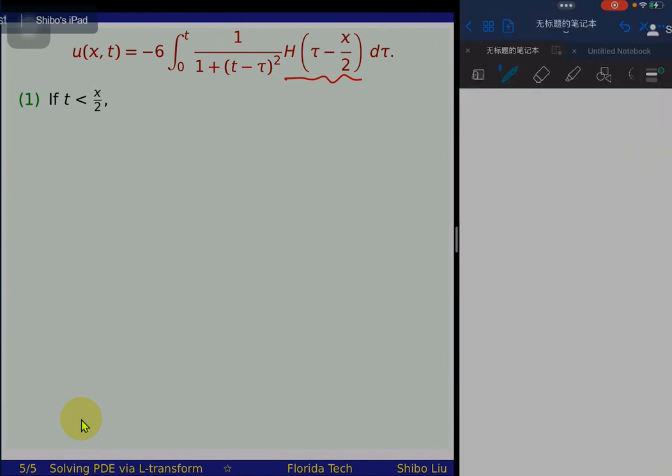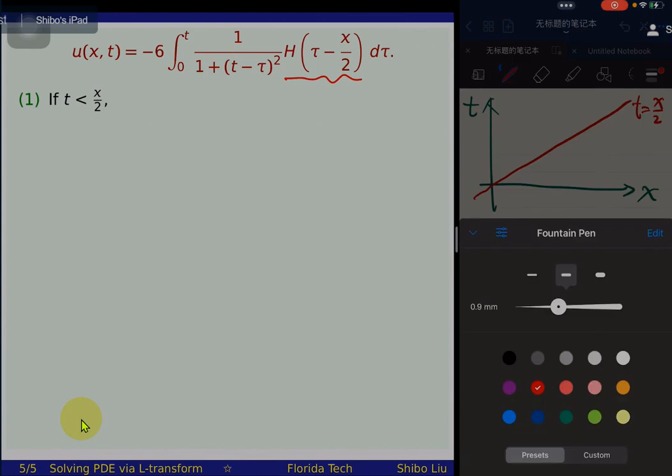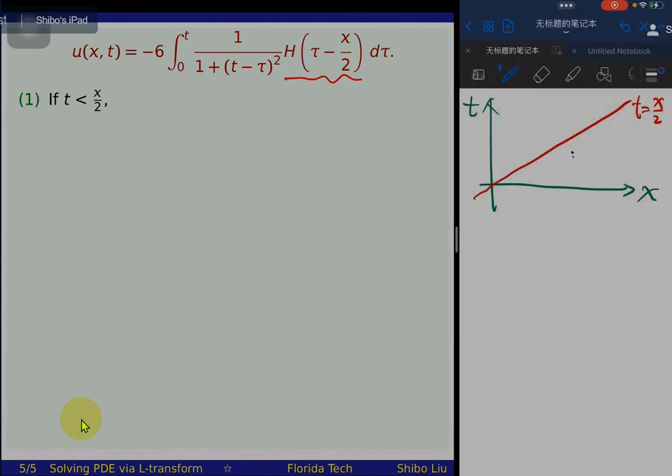So we draw a picture. This is the x-axis. This is the t-axis. So if t is less than half of x, that is, this line is t equal half of x, then the point x, t is here.